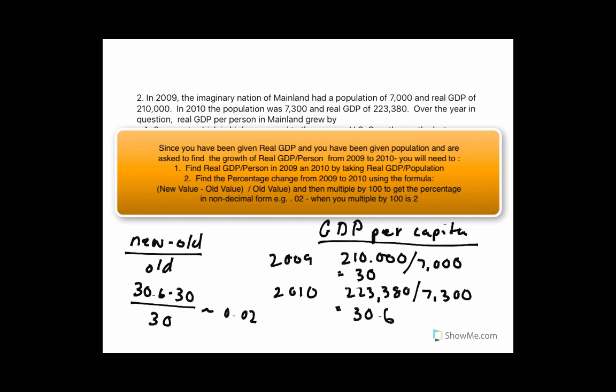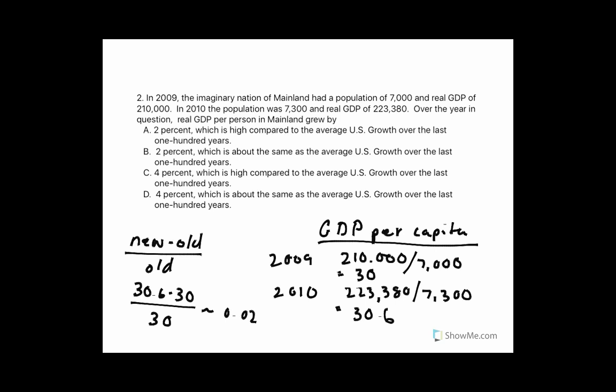So 2% growth. So it's obviously one of these first two answers, and the growth fact that we have from actual data is that indeed 2% is pretty normal over the last 100 years in the U.S. for annual per capita GDP growth.